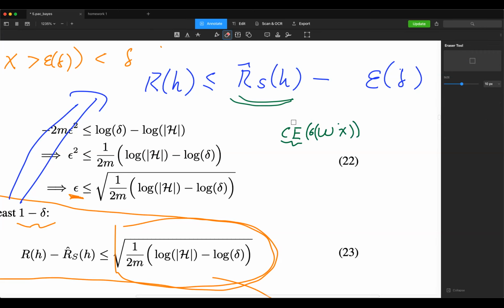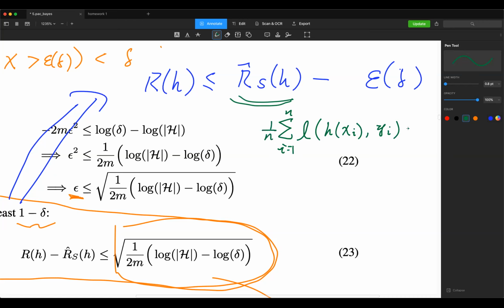Maybe I'll write it more generically. You probably have a loss function of your hypothesis, of your X and your Y, summed over i equal to 1 to n, times 1 over n. Remember, this is the objective function that we have been talking about. That's the kind of function you're more familiar with, except I don't call this h, I call it some f theta.